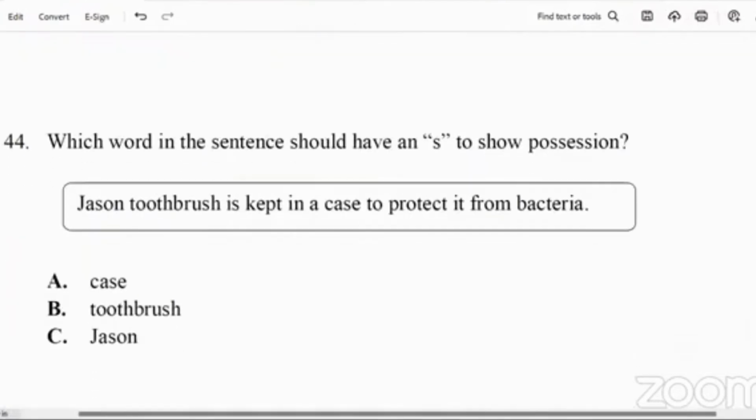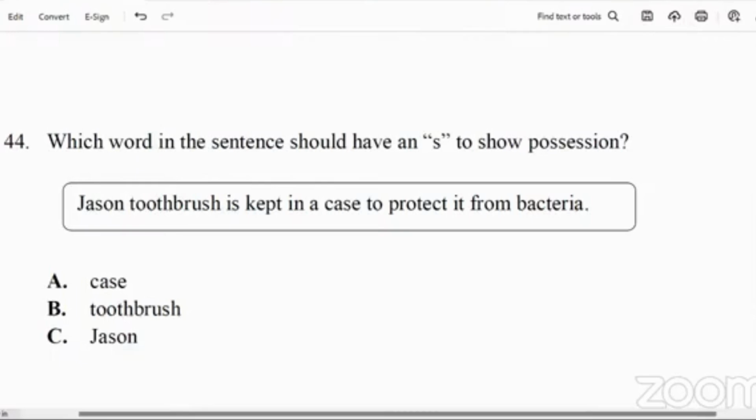All right, question 44. Which word in the sentence should have an S to show possession? Jason toothbrush is kept in a case to protect it from bacteria. Is it case, toothbrush, or Jason? All right, so possession, again, whose toothbrush? Jason's toothbrush.